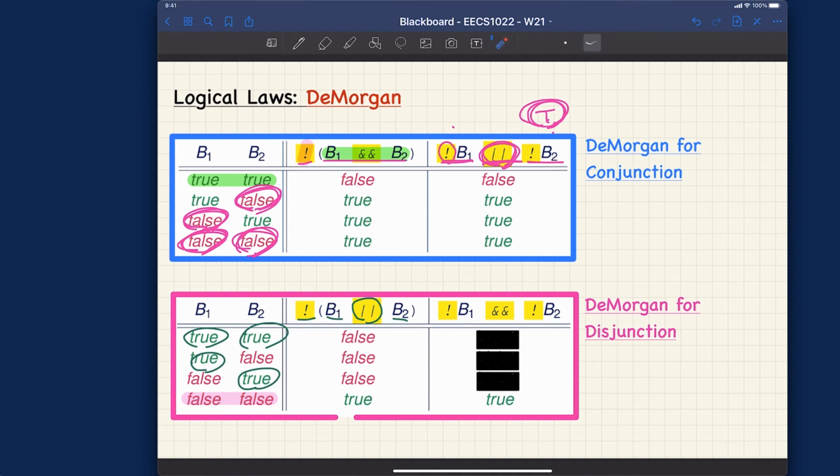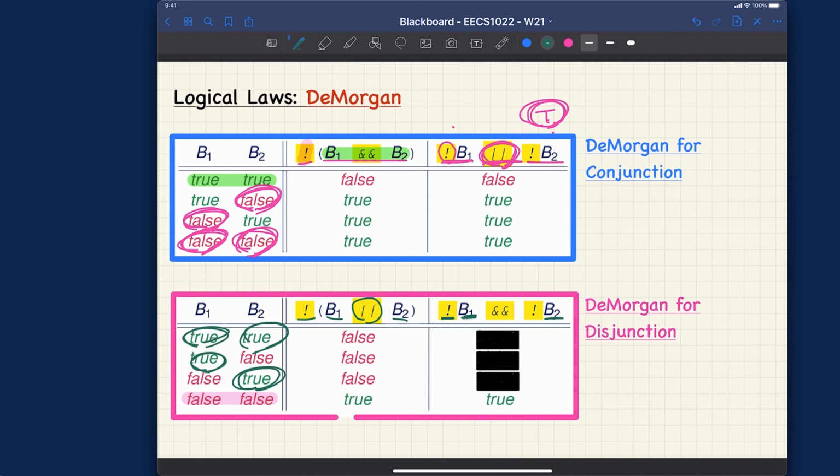For the rest of the rows, you can see that since this is a negation over here, negation of true will be false, right? So now you can see over here, for the rest of the rows, either or both of the operands is going to be true. That means either B1 or B2 over here will be negated. One or both of them will be negated.